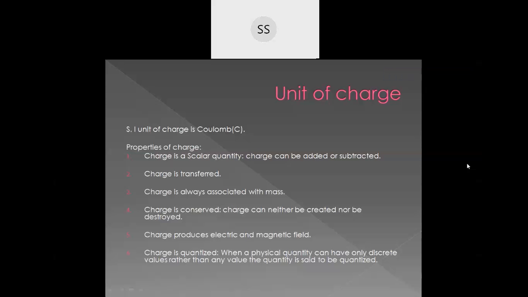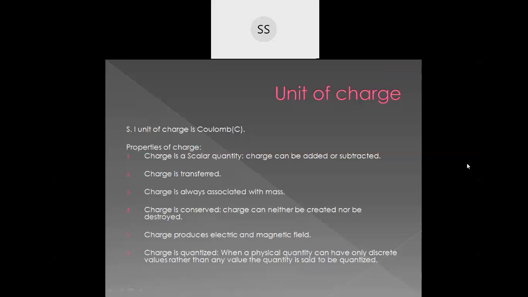If the amount of positive charge is higher than the negative charges, then it will attract the negative charges from a body nearby, and the negative charges from the second body will be transferred from the first body. So charge can be transferred from one body to another easily.